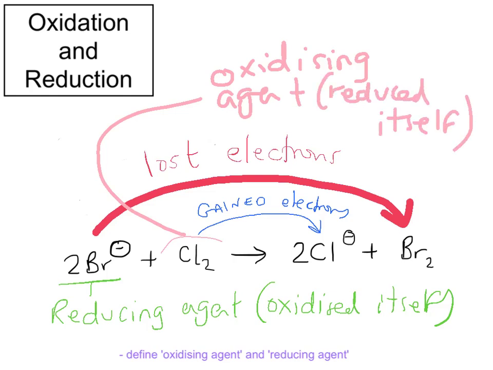So if you put the word agent after the term, the opposite has happened to itself. And so that's a way of remembering whether it's been oxidizing agent or reducing agent. You can find out what's happening to itself, and then you just reverse the term.